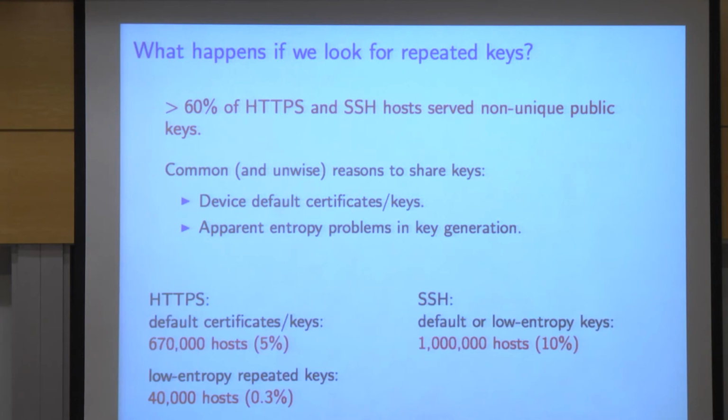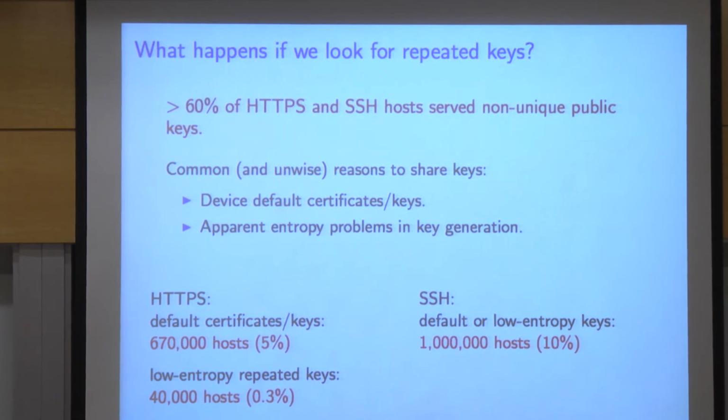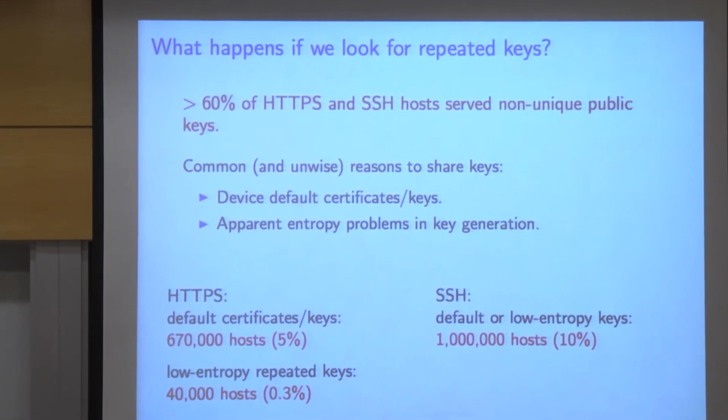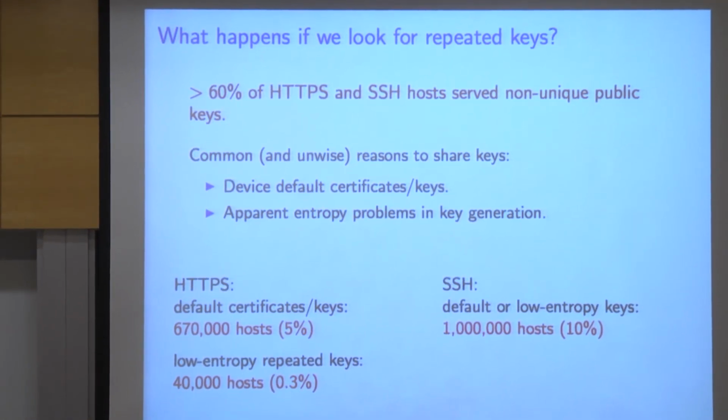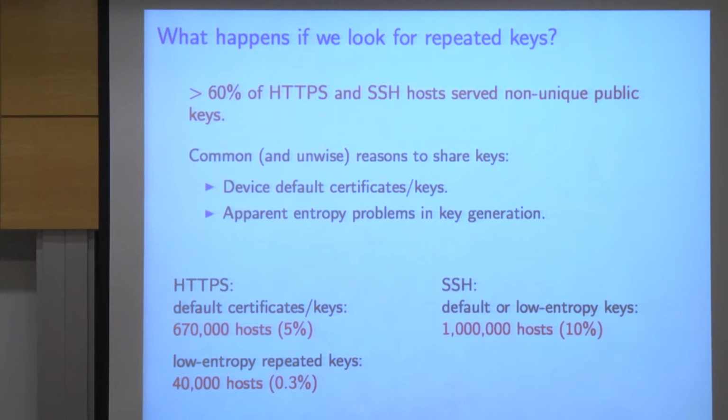So some of the numbers for HTTPS and SSH: the number of hosts on the internet that are serving default certificates or keys for HTTPS is something like 670,000 hosts, which is about 5% of the keys. This is a massive lower bound because we characterized these by hand.